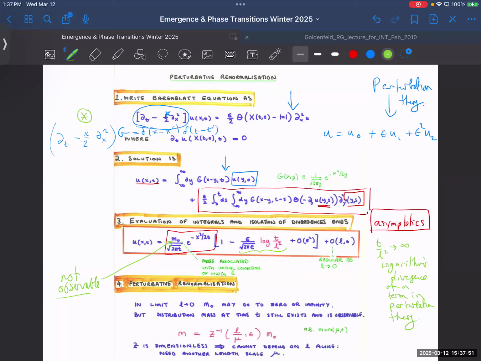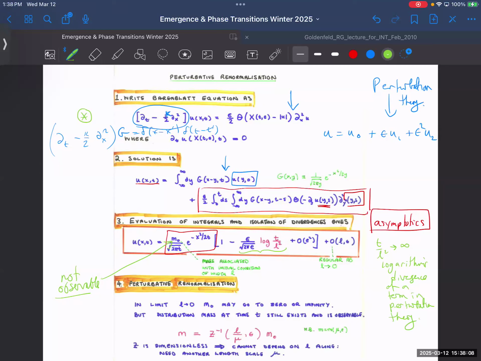So I'm going to say that mass there shouldn't be m0, it should be some other mass. That mass will be related by a renormalization constant to the original mass, the mass that it started off with.